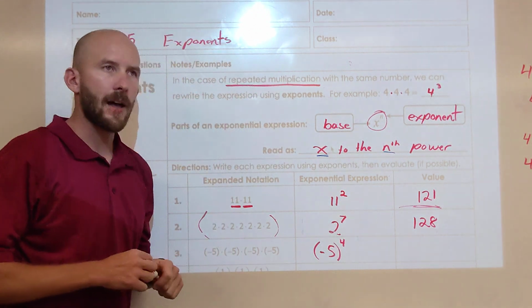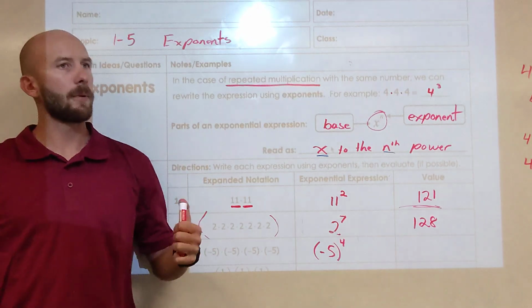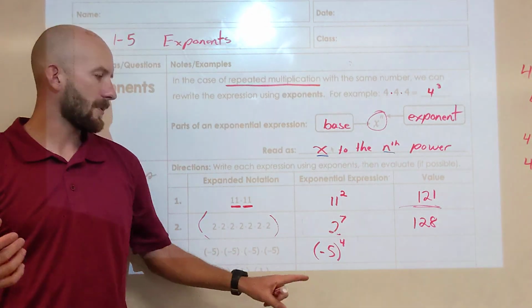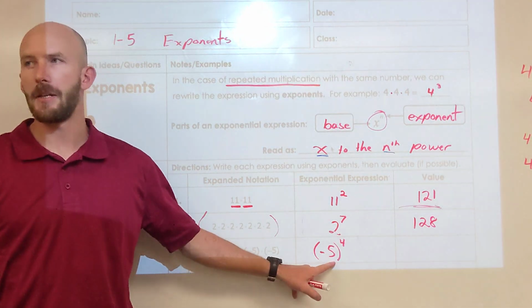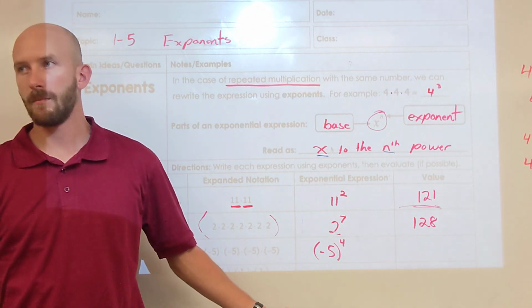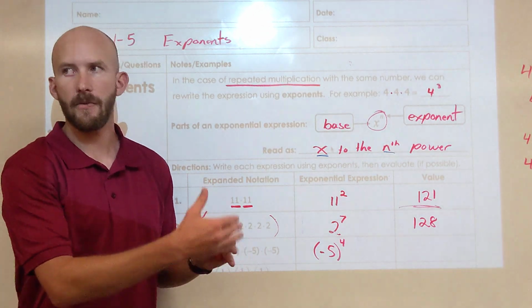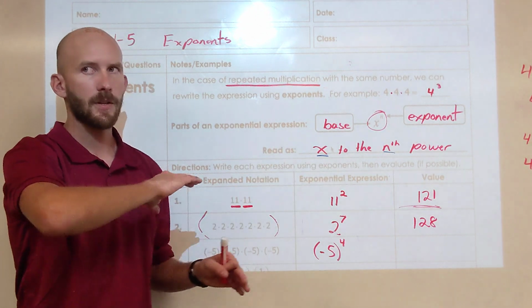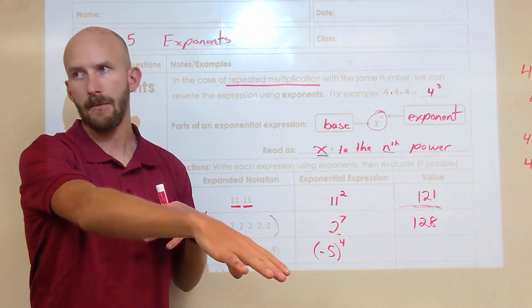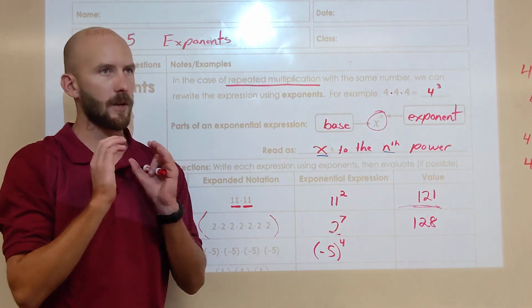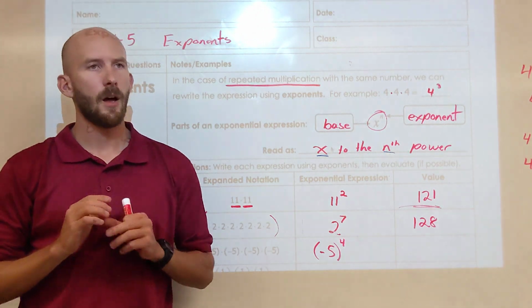That helps us, if we have a bigger problem, make sure that we know this is a negative and not a minus sign, right? It's -5 to the 4th power. It's not like something minus that, okay? And it keeps everything grouped together nicely.